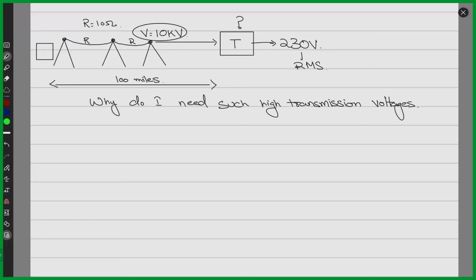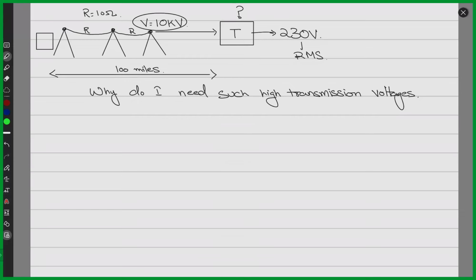We'll now see why that cannot work, and we do need a transformer, because I can compute the power coming from this main grid. If it's sending, suppose, 10 kilovolts, I can compute the power by multiplying V and I.